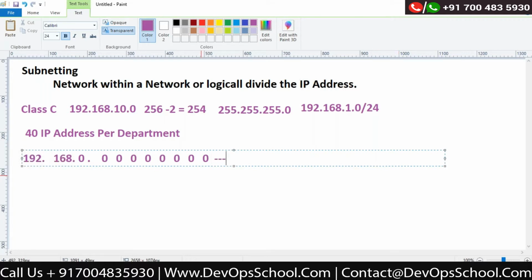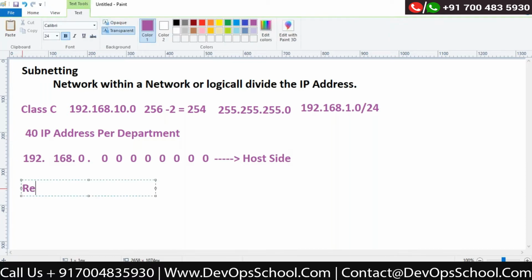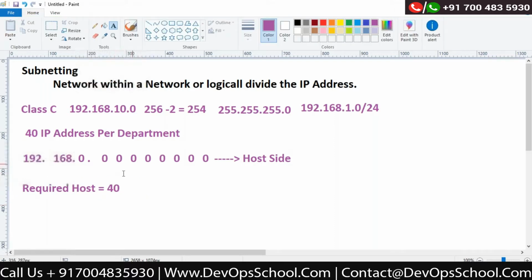This is my host side. Is it correct? Now how much do I require? I require 40 IP addresses. That is my required host. The formula is something like this: required host is equal to 40 IP addresses. Now, who can serve that purpose for me?